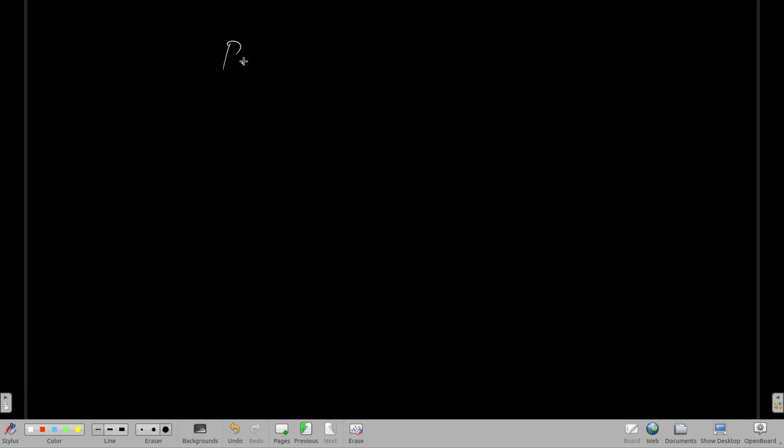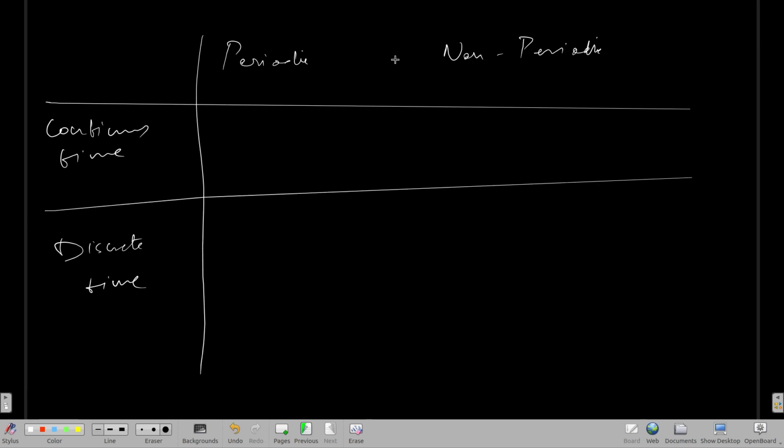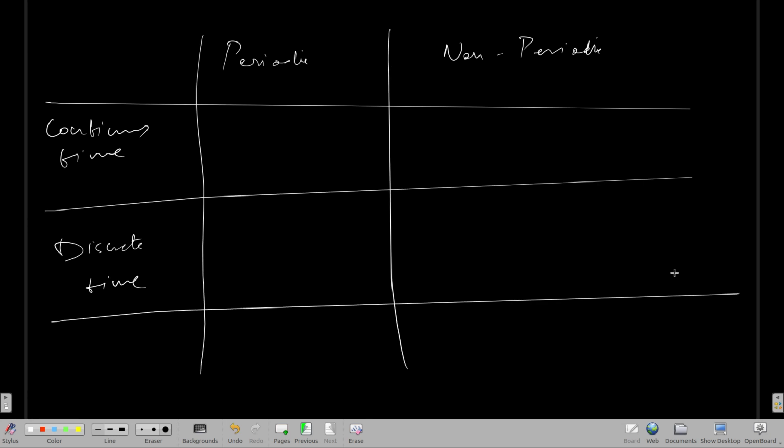We have periodic signals and non-periodic signals, and we have continuous time signals and discrete time signals, and we need to find different tools for representing each of these using the same complex exponential only.